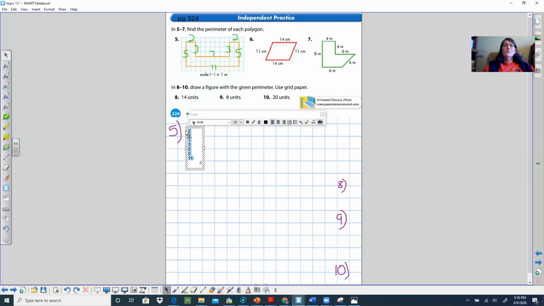Highlight the whole thing. Now you see how it lined up my ones place? That's what I wanted it to do. I'm going to underline that, and I want to put a plus sign in there.